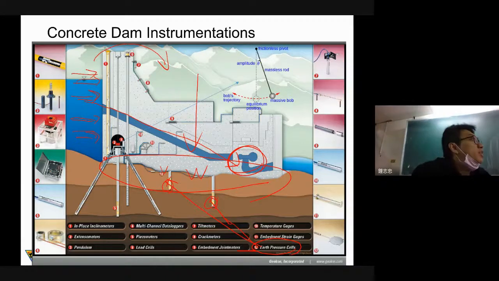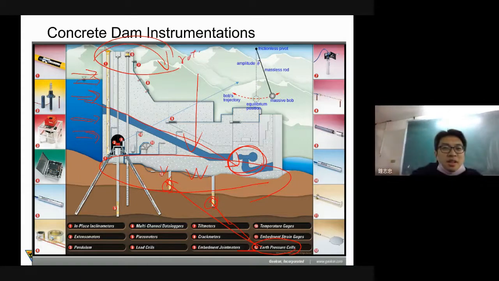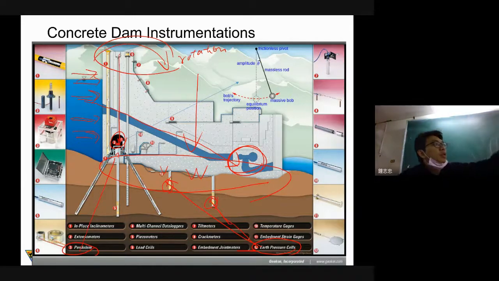So how can we monitor? How can we put the right sensor in the right place? For this one, rotation, here, this is the pendulum, to measure the rotation degrees of this concrete dam.